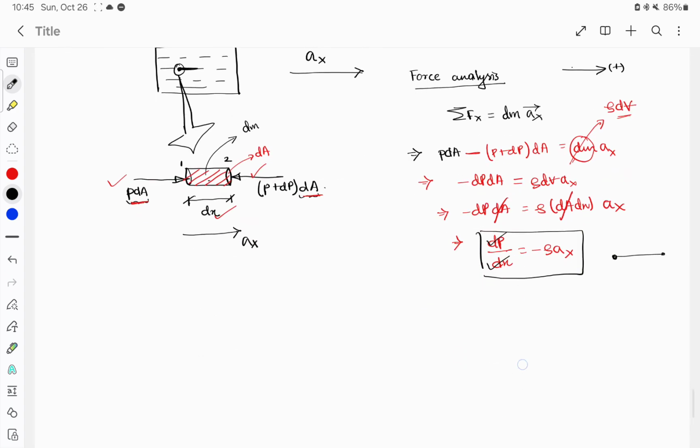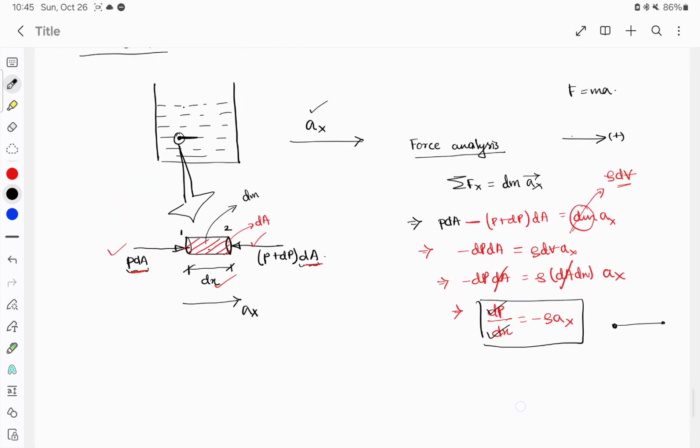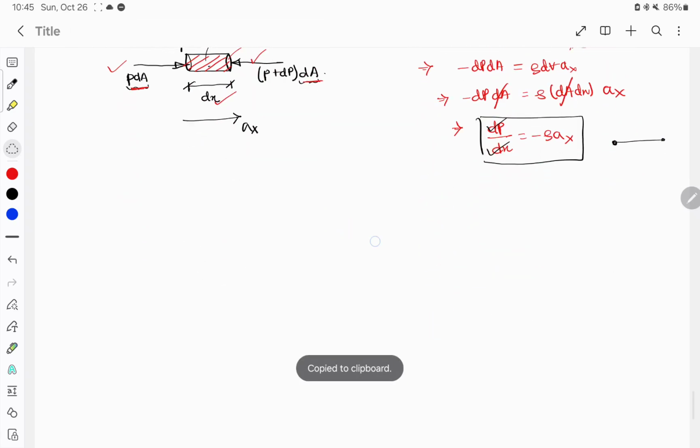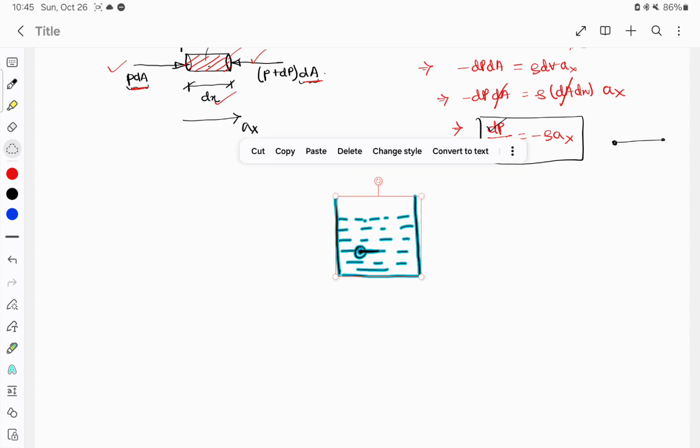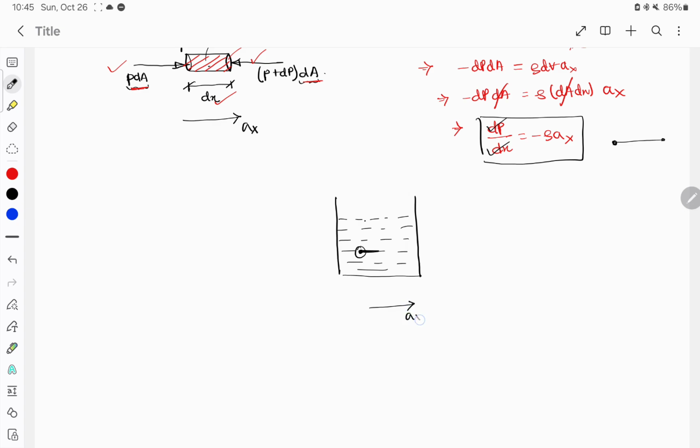Okay, means you can also imagine it in a crude sense. Let's imagine this in a crude sense. If this particular vessel is moving in this direction with an acceleration of ax, then what will happen?